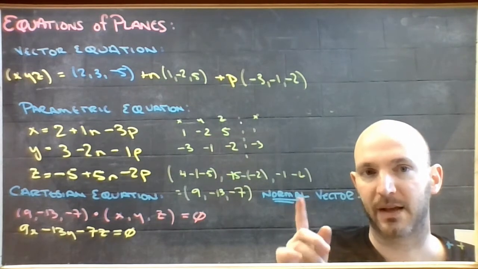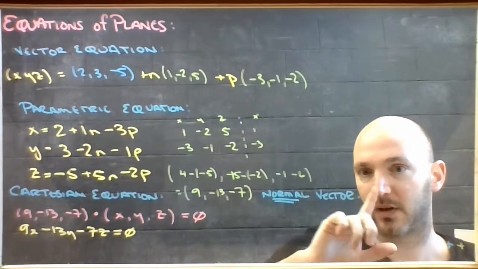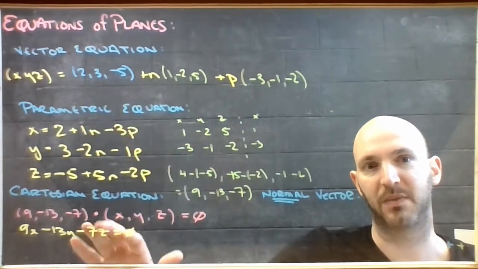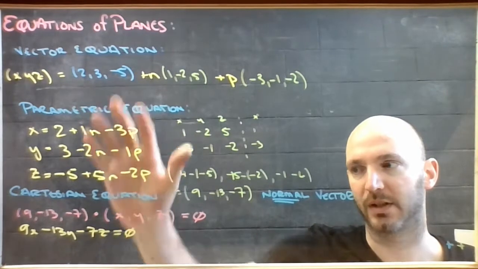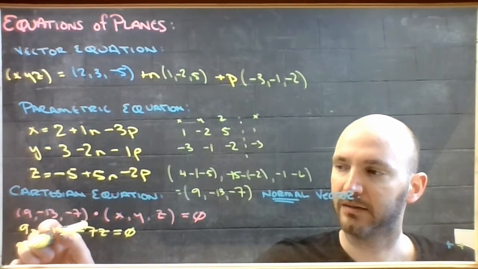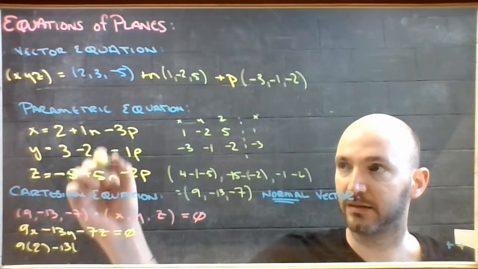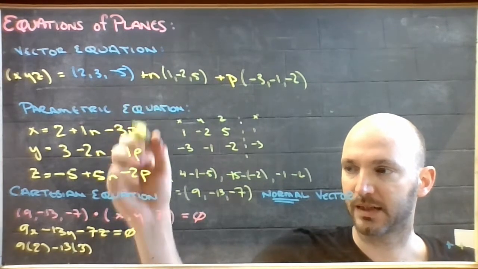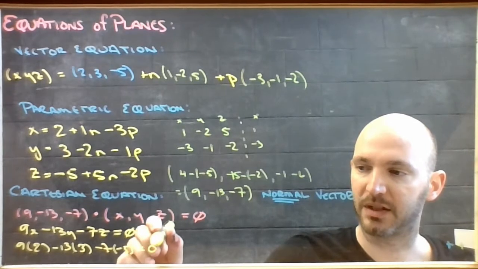We have one last pesky detail to figure out here, and it's that this point, the one at the end of the vector from my nose to the screen, has to be in this equation. So I'm going to drop those coordinates into this particular thing. 9 times 2 minus 13 times 3 minus 7 times negative 5 is supposed to be equal to 0.